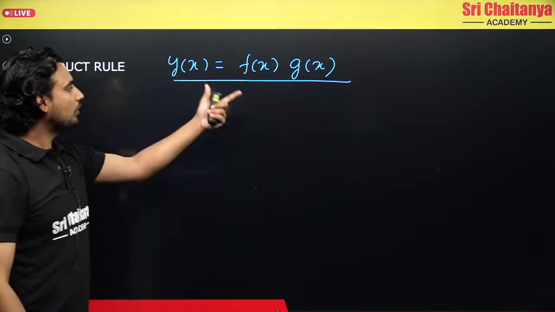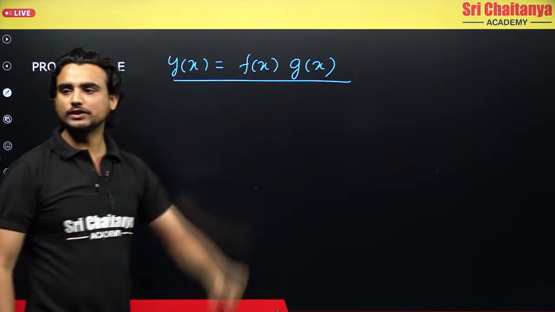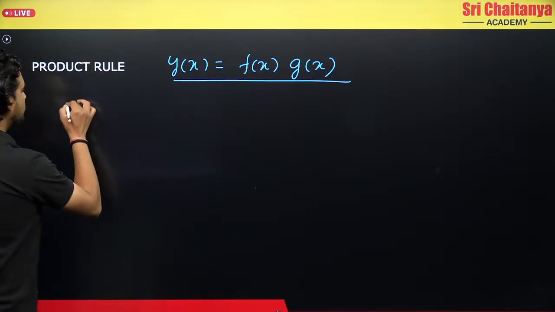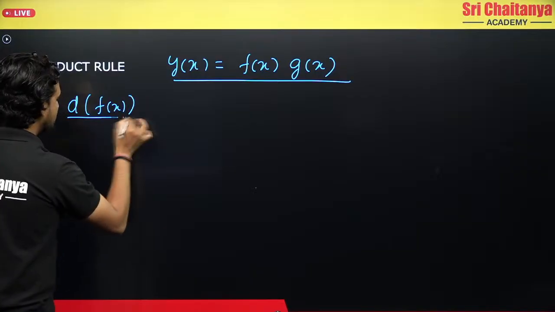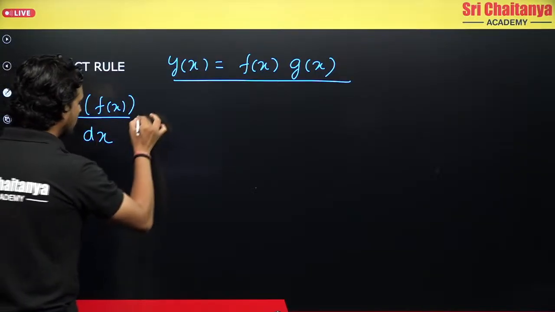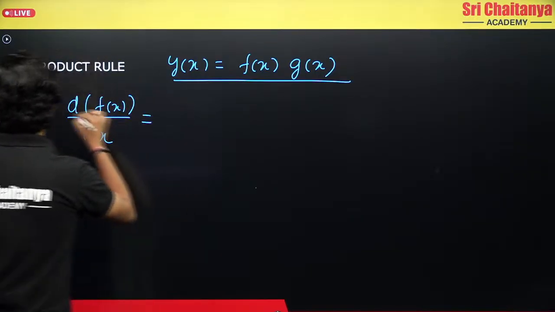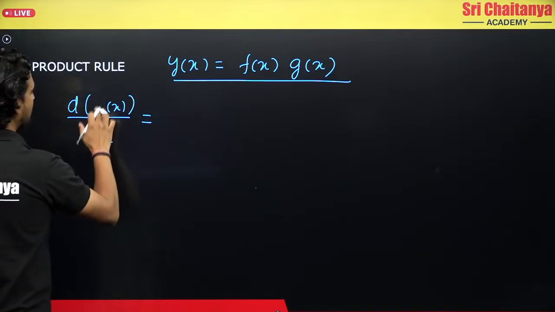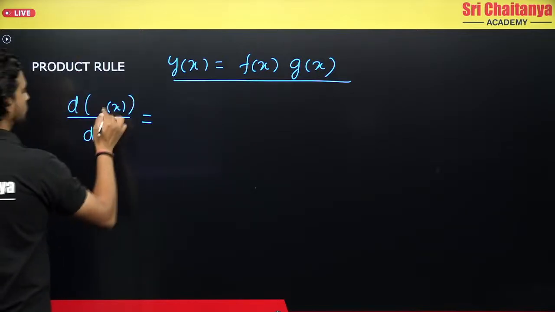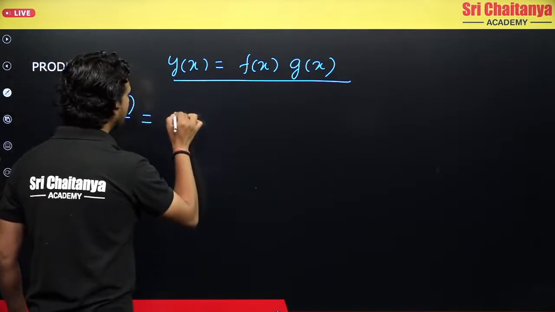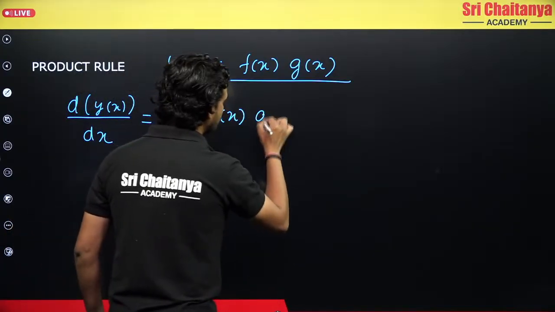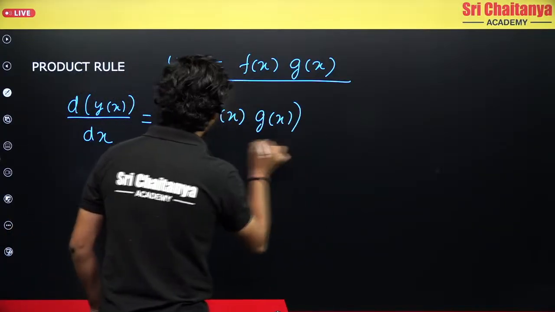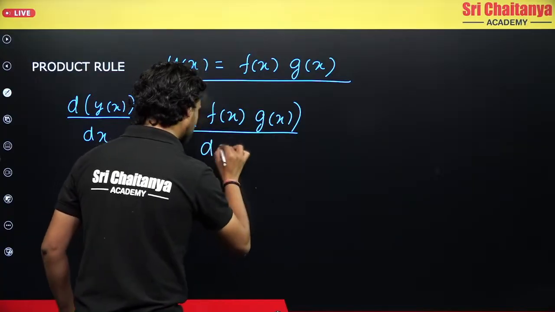When I want to find the differentiation of these two functions, I will say the differentiation of y(x) with respect to x. This will become the differentiation of f(x) into g(x) upon the differentiation of x.